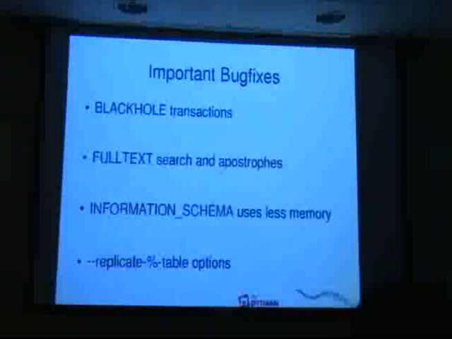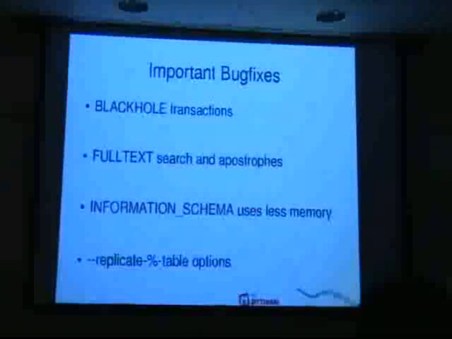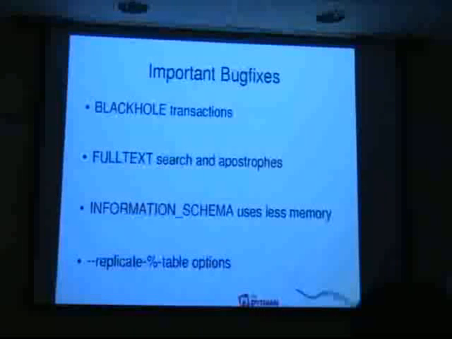So there are also some important bug fixes. Black hole transactions have been worked on. Full text search and apostrophes, although Sphinx is probably a little better for full text search. Full text search didn't really work with apostrophes, which is a little Anglo-centric, so they fixed that.